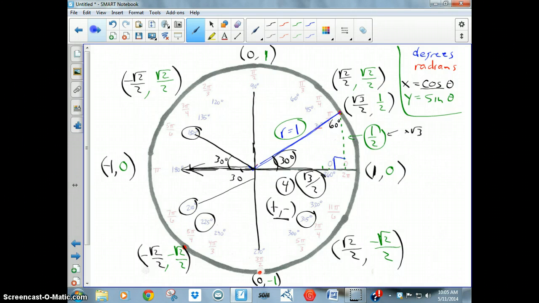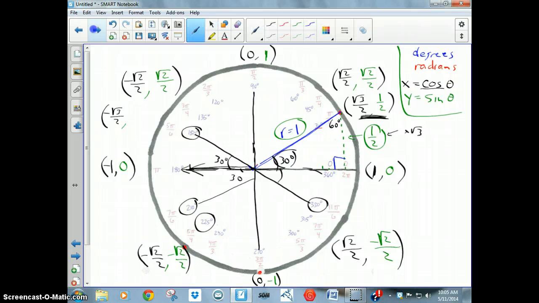So 210, 150, and finally over here at 330, these will all have the same values, except the signs are going to change. So for instance, 150 will be negative square root of 3 over 2 for the cosine, and will be 1/2 for the sine. So keep the numbers in the same order when you fill in 210 and 330.